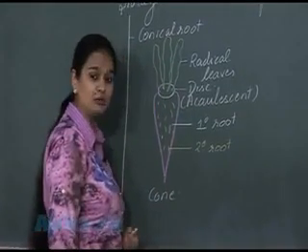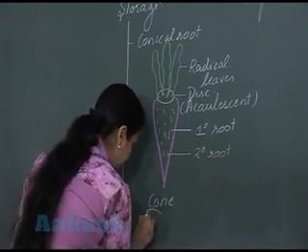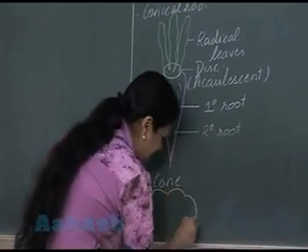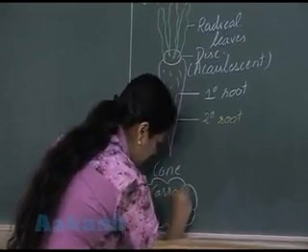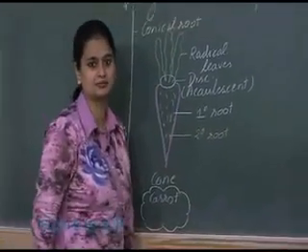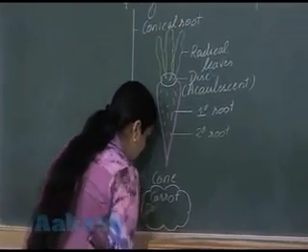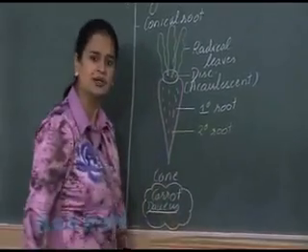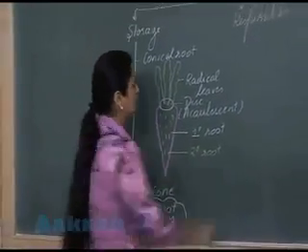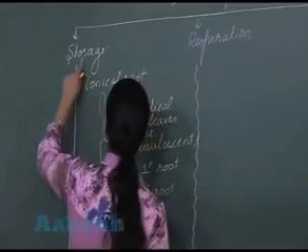Now this conical root is present in carrot. Yes? The example is very well known to you. This is present in carrot. The scientific name, that is Daucus carota. Right? So after the conical, now the second category in storage only.